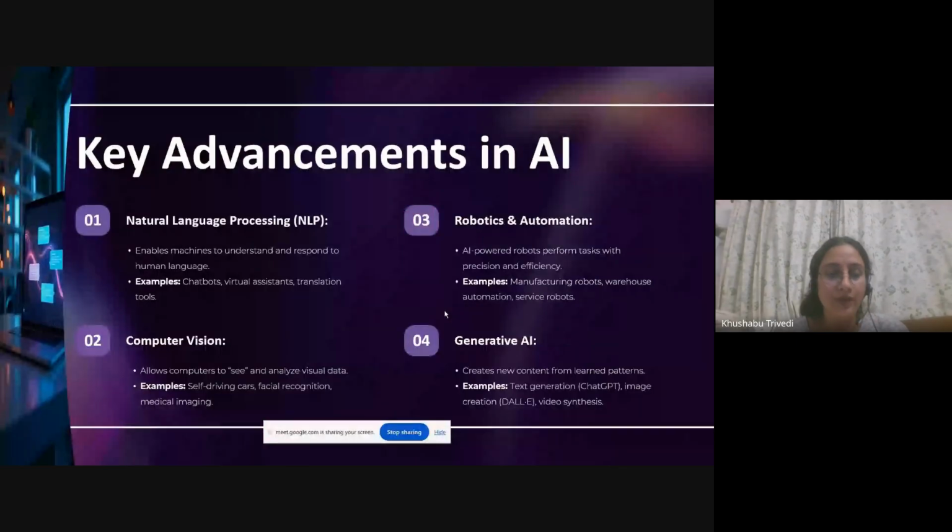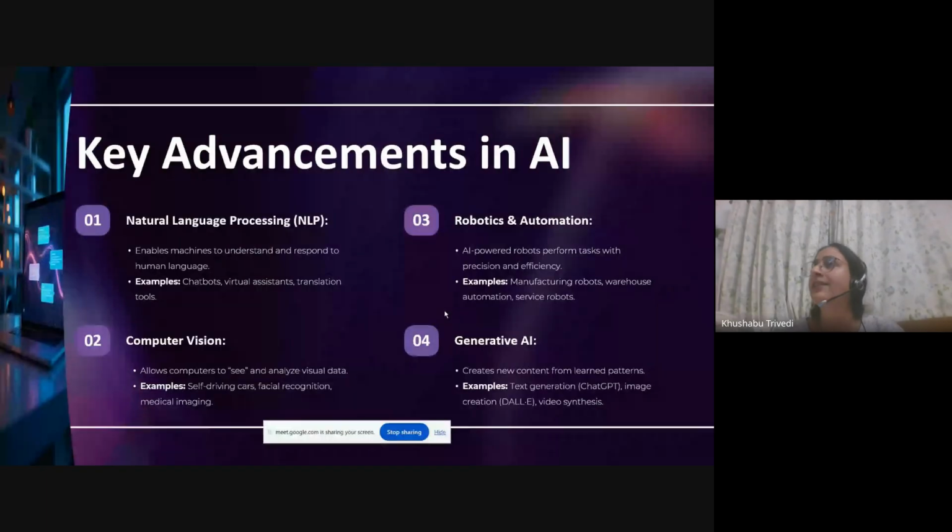In computer vision, we allow computers to see and analyze visual data. For example, self-driving cars, facial recognition, and medical imaging systems. The fourth one is generative AI. So what is generative AI? It creates new content from learned patterns: AI learns new things from patterns and generates results.